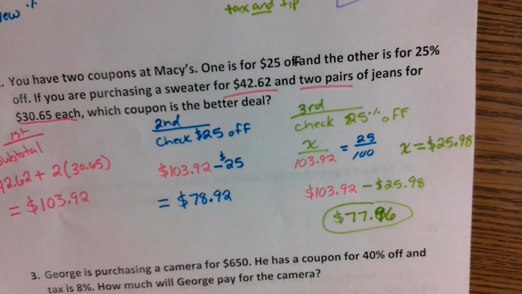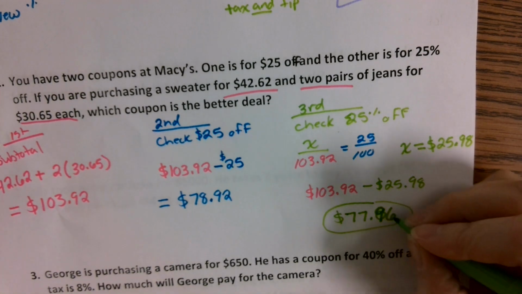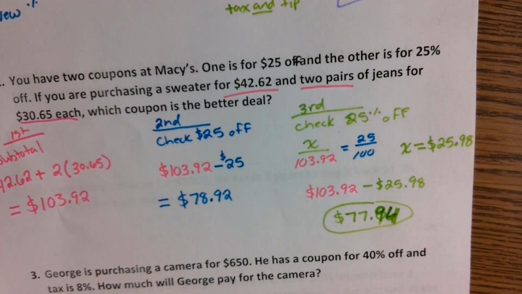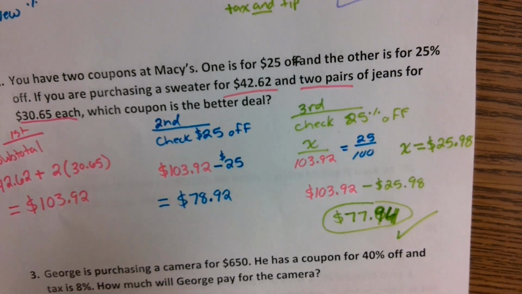No, I just did my math wrong. I subtracted wrong in my head. I know, it happens. That's why we have 94 cents. I was right the first time when I said 94. All right. So $77.94 is going to wind up being your final cost. That's the better deal. This is the better deal, okay?